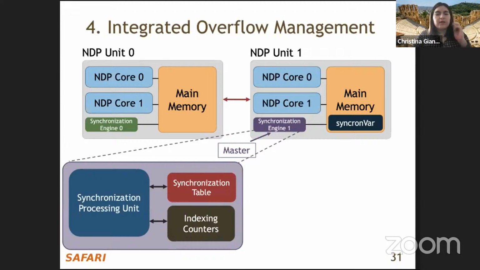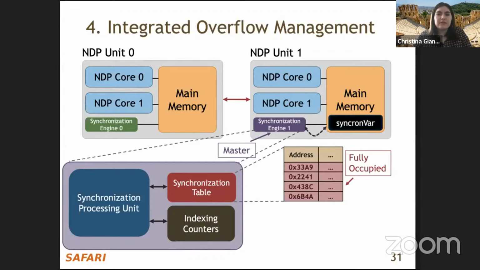Finally, when hardware synchronization resources are oversubscribed, SynCron uses main memory as a fallback solution. If the synchronization table of the master synchronization engine overflows, the master synchronization engine coordinates synchronization by issuing read or write requests to the synchronization variable in main memory.